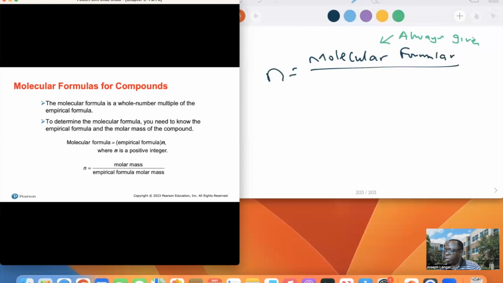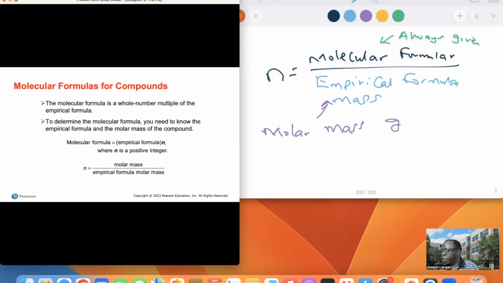Over the empirical formula mass right here. This is basically the molar mass of the empirical formula.